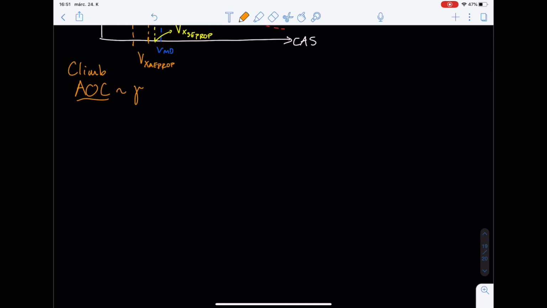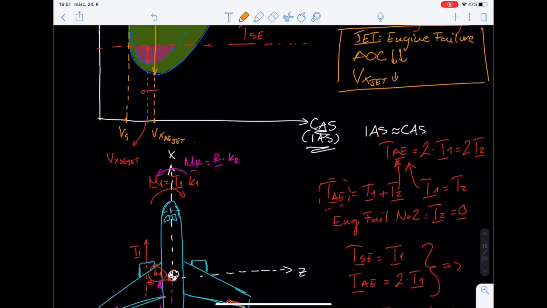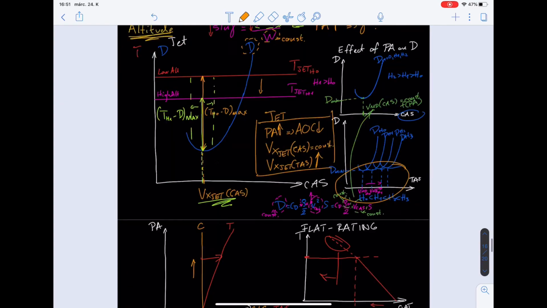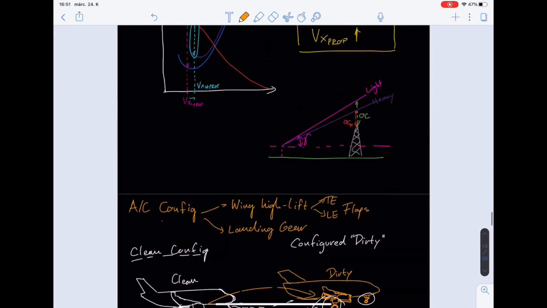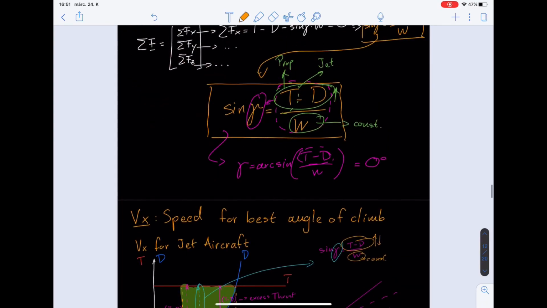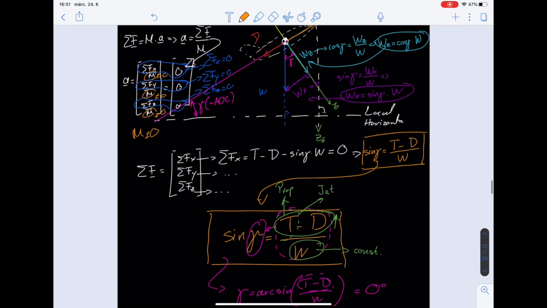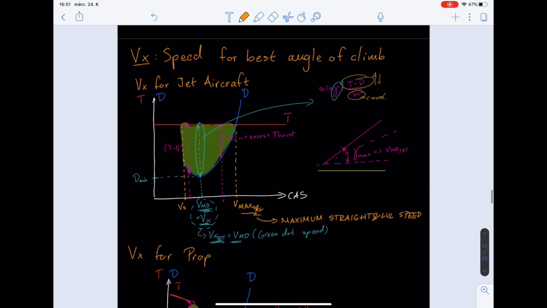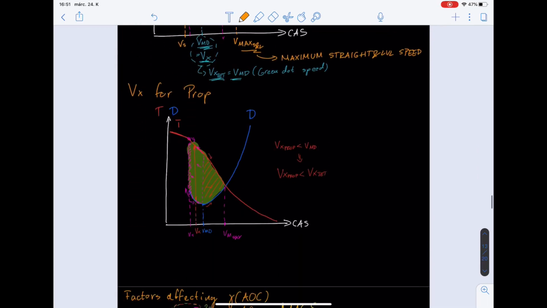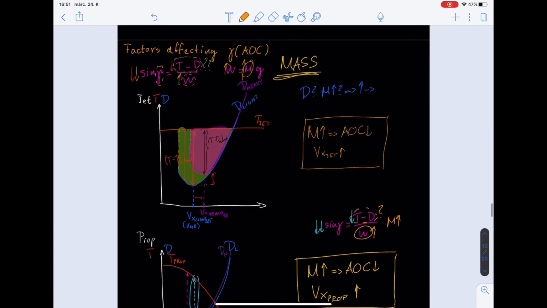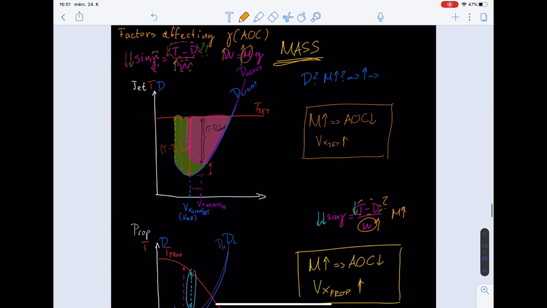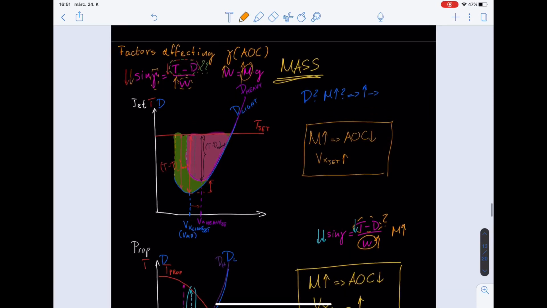So the first one which we looked at was the actual mass of the aircraft. And what we saw was that the mass of the aircraft actually, well, no surprise, reduced the angle of climb, right? So I think it was somewhere along the lines of this one. Yes, so it was here, the influencing factor.